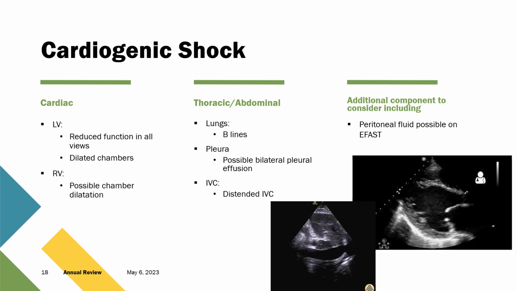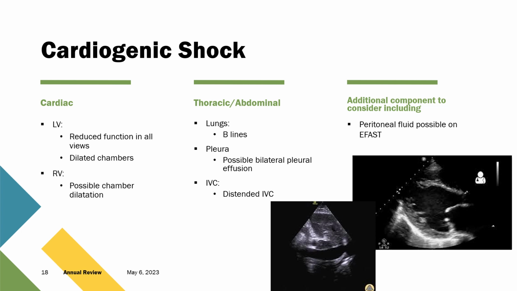If it's gone on long enough, you might then note that there are pleural effusions as that fluid begins to collect and accumulate in the pleural region. And then the IVC is ultimately going to become distended, and you're not going to see those phasic changes with breathing because the heart is too congested to allow that venous blood back into it.